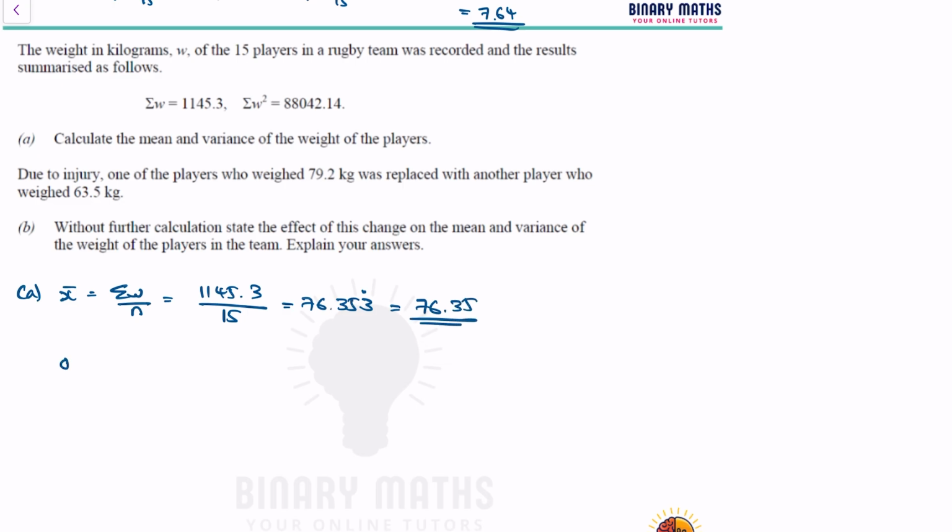Variance is sigma squared. Be very careful. So variance is sigma squared, which is equal to sum of W squared over n minus w bar squared. I should have called it w bar.